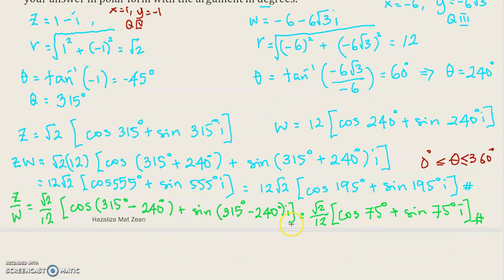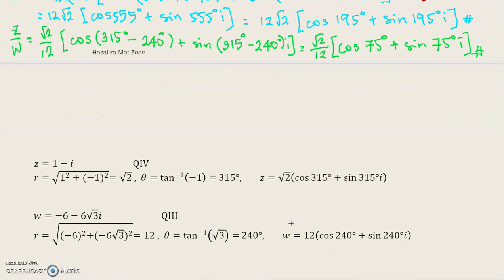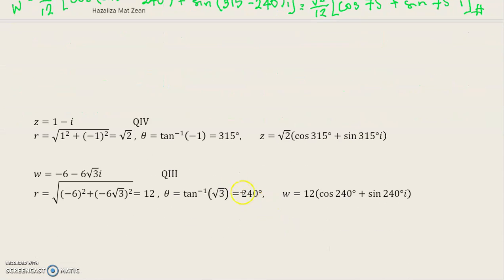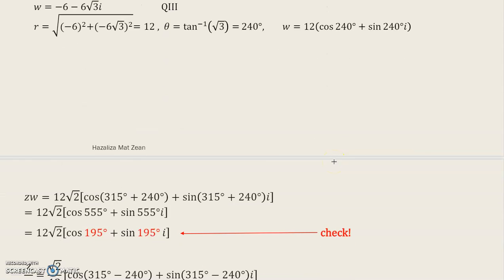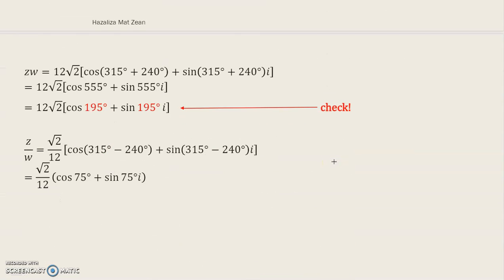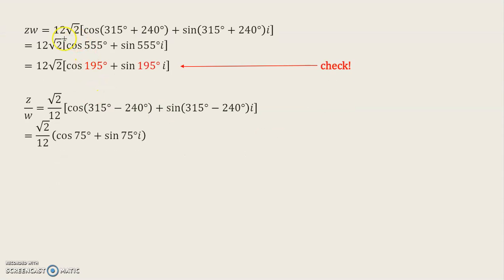And then we go and check the answer. The first complex number, z, after we convert, is √2 cos 315 plus i sin 315. For w, after we convert, we get 12 cos 240 plus i sin 240. And the product is what we did just now.